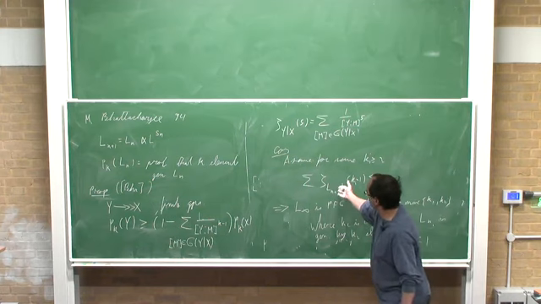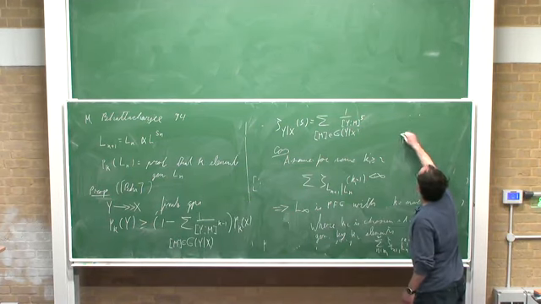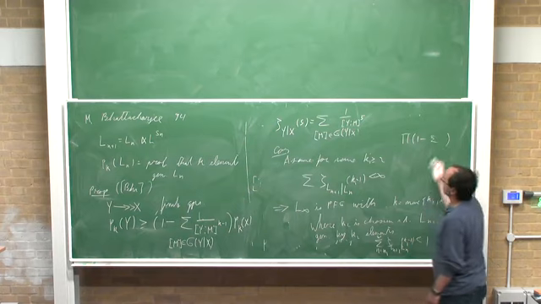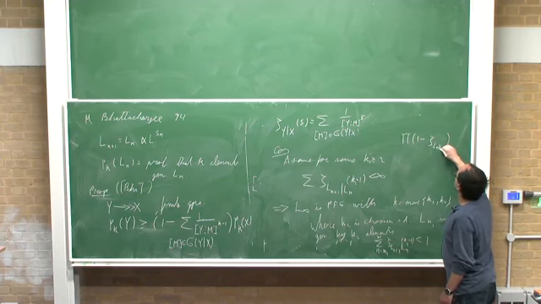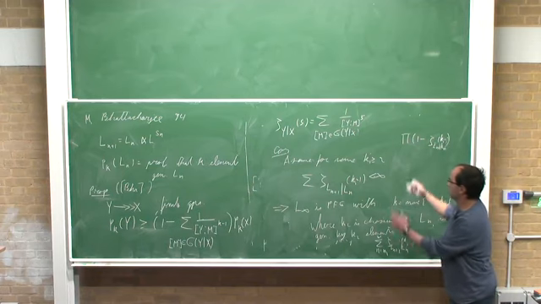If this converges, then you have to look at the product of 1 minus this sum. So it'll be 1 minus this zeta. Okay, so if the sum converges, this product is positive.